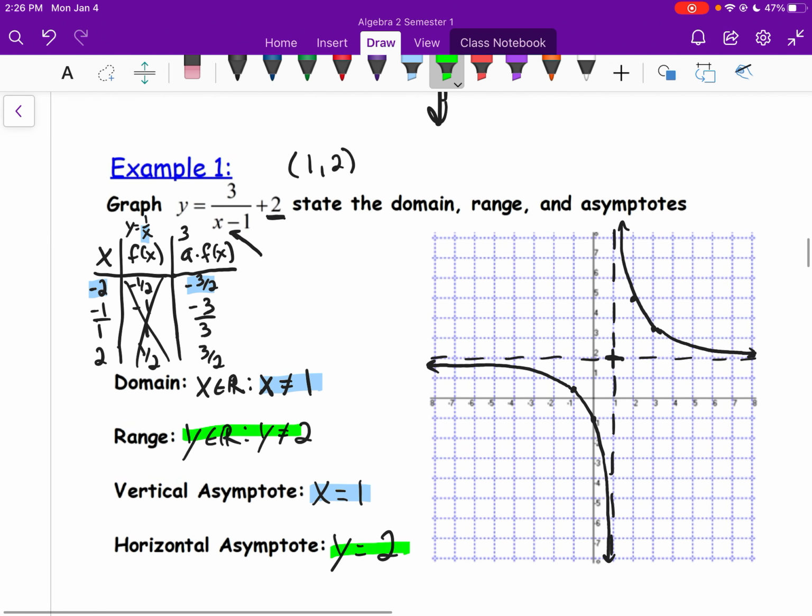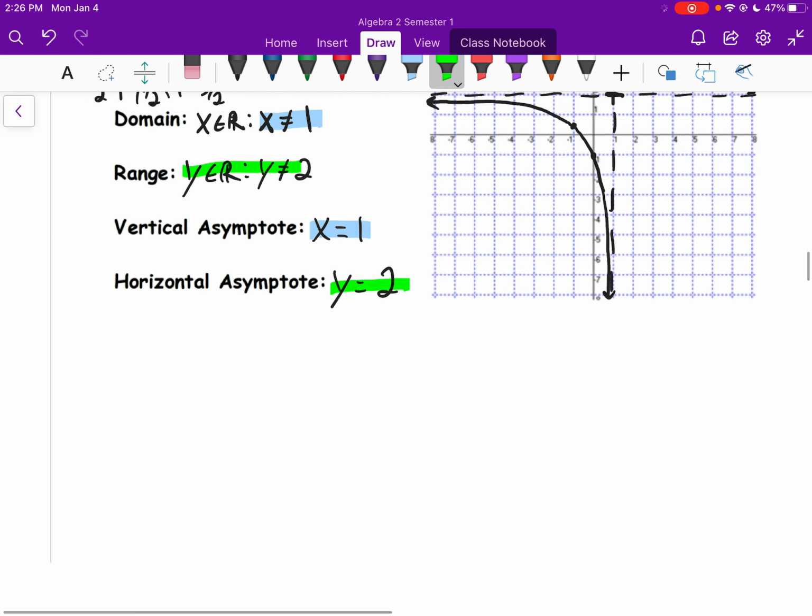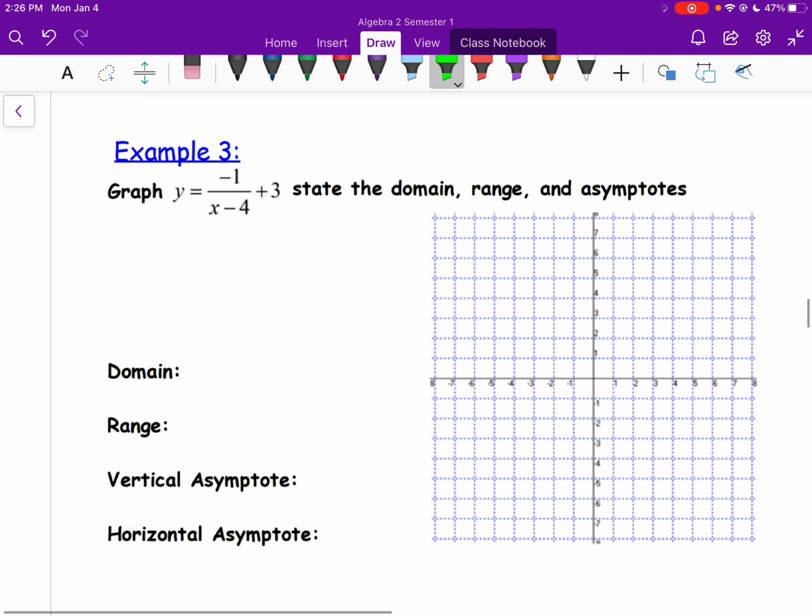All right, so that's the first example of graphing a hyperbola. So now, again, moving to another one, very similar to that. Okay, figure out your h, k, which in this case will be 4, 3. And again, that's considered our new origin, 4, 3.